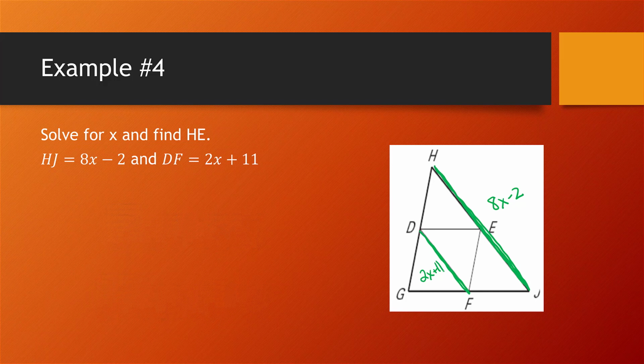Okay, so when you set this problem up, our geometry is going to say that HJ is twice that midsegment DF. And now I can plug in my algebraic expressions. So 8x minus 2 is HJ, and then I have 2 times DF, which is 2x plus 11. Distribute this 2.